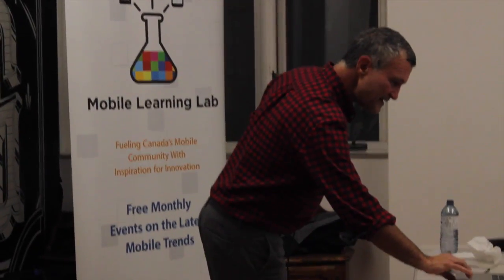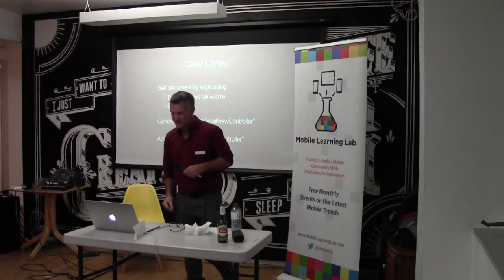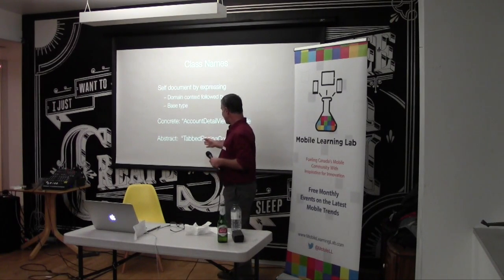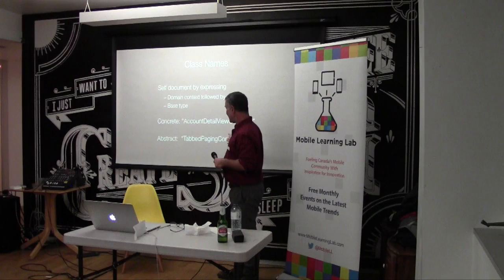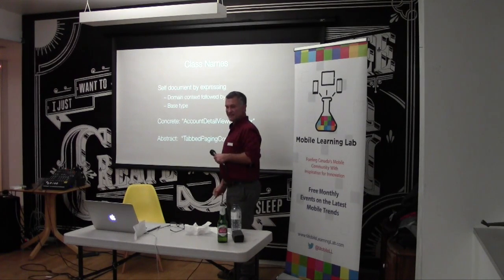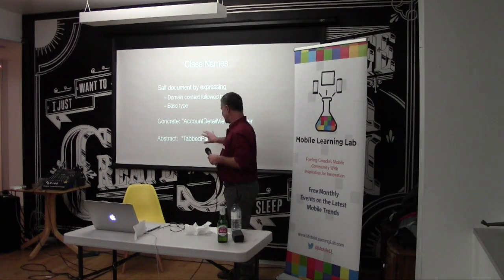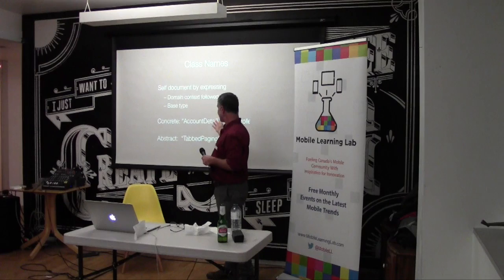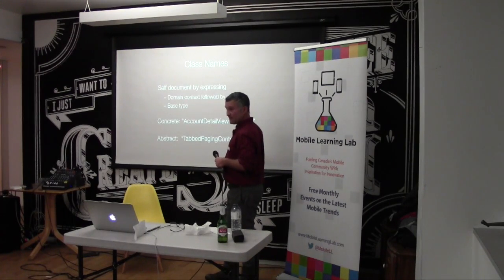Okay. If it's more abstract, we might have a paging controller, but we're going to create a tab paging controller as a unit. So this is something we can use. And if we use it, we might actually use it in the context of an account detail tab paging controller.